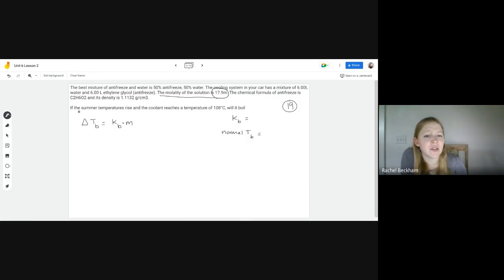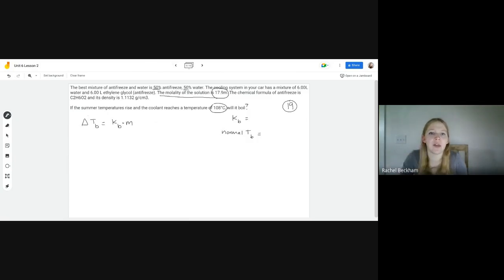It says, if the summer temperature rise in coolant reaches a temperature of 108 degrees C, will it boil? So when you're talking about boiling, you need to use the boiling equation right here. So we need the KB and the normal boiling temperature for water. Because remember, when we have a 50-50 mixture, your solvent is going to be water.